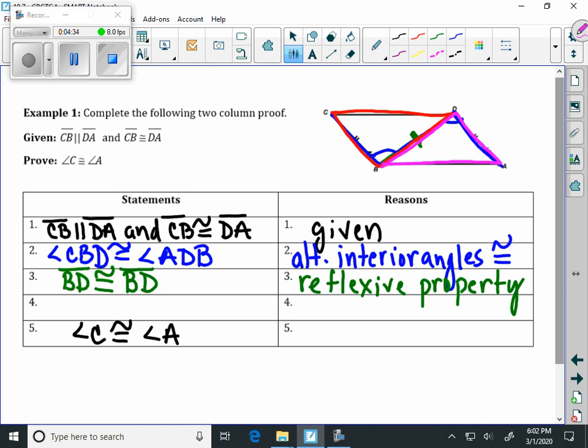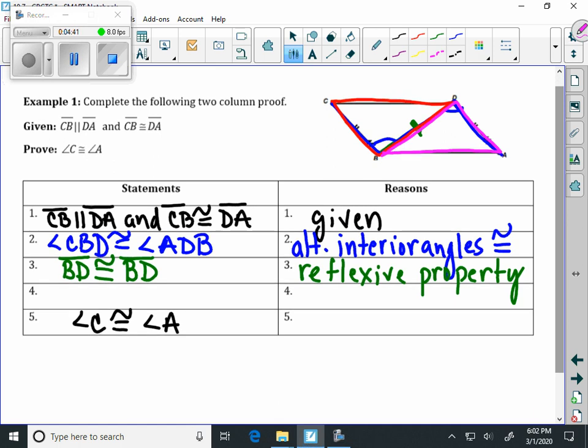So now we take a look at that, and what we can say is that triangle CBD is congruent to triangle, well, let's see, CB had the two tick marks on it, so ADB.